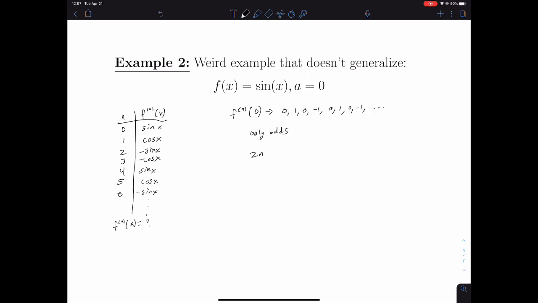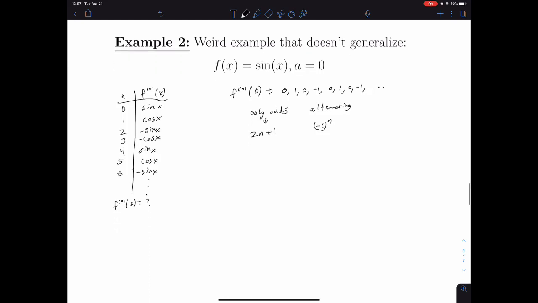And so odds have the form 2n plus 1. And then it's going to be alternating, so this will be negative 1 to the n. So what this means is that I will be alternating, starting at n equals 0 to infinity, and I'll only have the odd numbers.